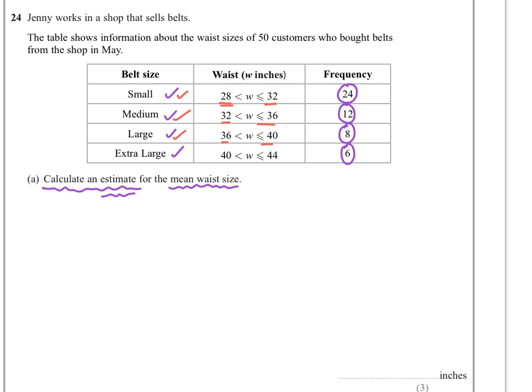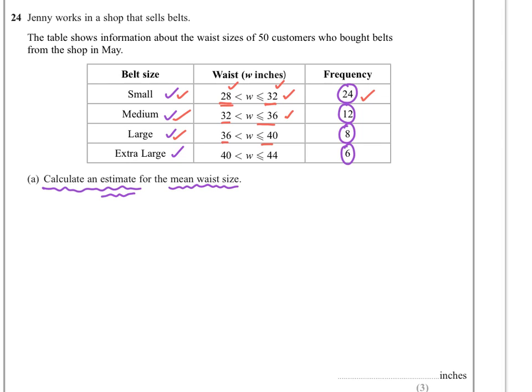So you've got no overlaps, because if your belt size was 32, you'd definitely know you'd be in here. And if it was 32.1, then you'd definitely be in this class interval. So if we know that 24 small belts were bought, then what size of waist do we go for? Do we go for 28, 32, or something else?